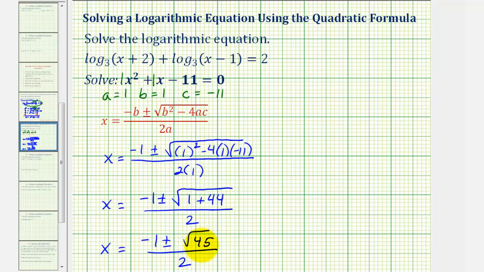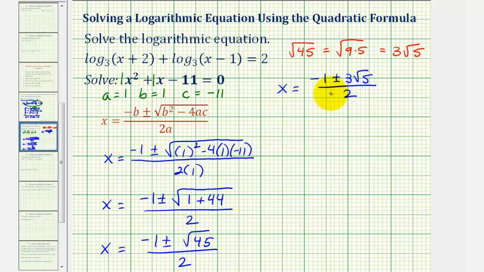Now let's see if we can simplify the square root of 45. Well, 45 is equal to 9 times 5, and the square root of 9 is equal to 3, so this simplifies nicely to 3 square root 5. Therefore, we have x equals negative 1 plus or minus 3 square root 5 divided by 2.